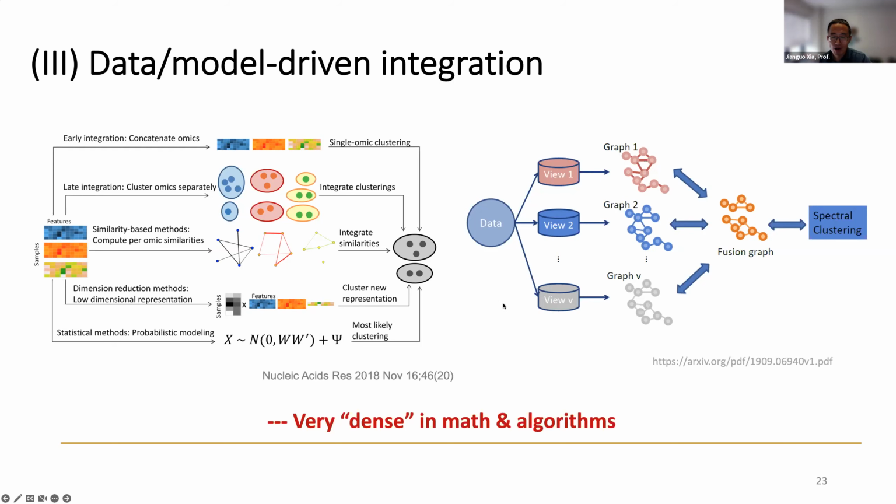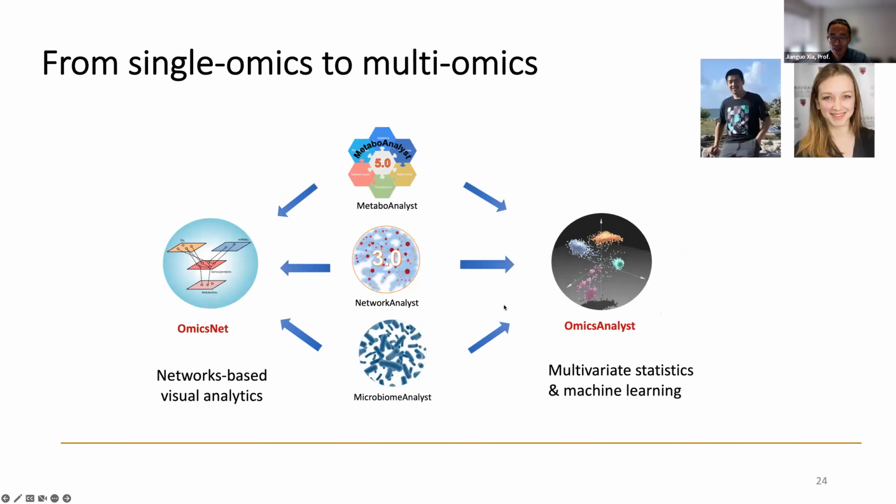So this is the part currently being worked on. Overall, what we have been doing in the past few years is trying to allow people to do single omics easily and multi-omics easily. We have developed OmicsNet, which is network-based, knowledge-driven visual analytics.